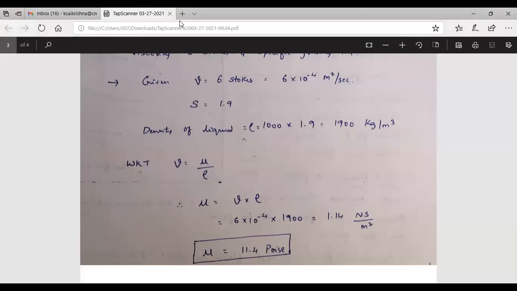Roll number 305, Pradeep. Unmute yourself. If you are not answering, I will put you as absent. Are you there, Pradeep? What is the unit of kinematic viscosity? Don't see the book. If you know, you tell. Meter square per second, sir.